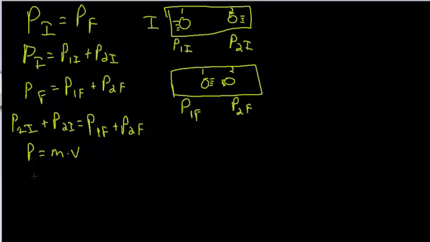So the initial momentum of ball 1 is m1v1I plus the momentum of ball 2 initially, m2v2I, equals the momentum of 1 final, which is the mass times the velocity 1 final, plus the momentum of ball 2 final, m2v2F.